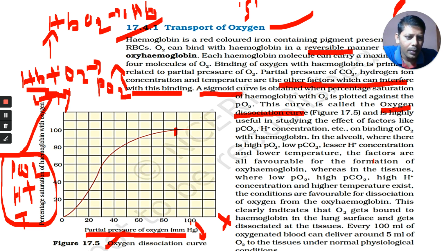Next one. Whereas in the tissues, this condition is present at tissue, and the previous condition is present at alveoli. When oxyhemoglobin comes to tissues, the partial pressure of oxygen in the tissues is 40 mmHg.